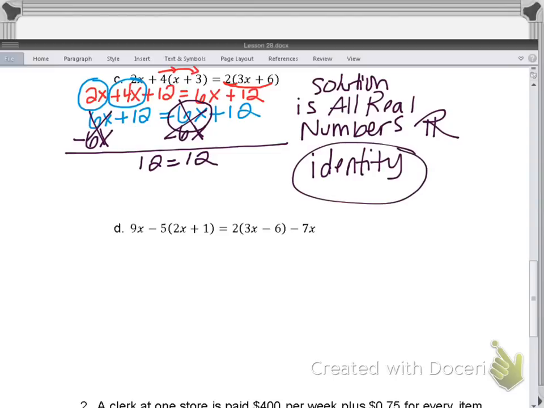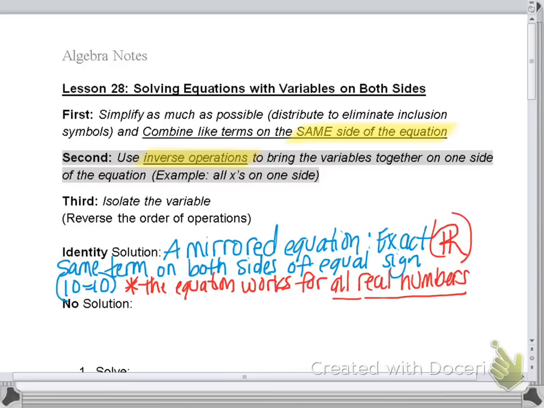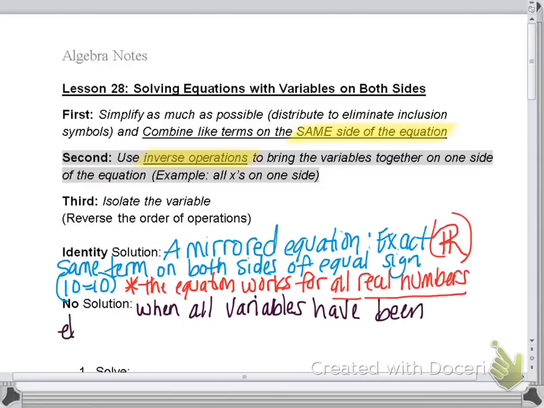All right, we're going to go back to our vocabulary again for just a moment to talk about the no solution. No solution is what happens when you solve an equation and you end up with a false statement. So when all the variables have been eliminated, so in the process of isolating the variable, you actually got rid of it and it canceled out.